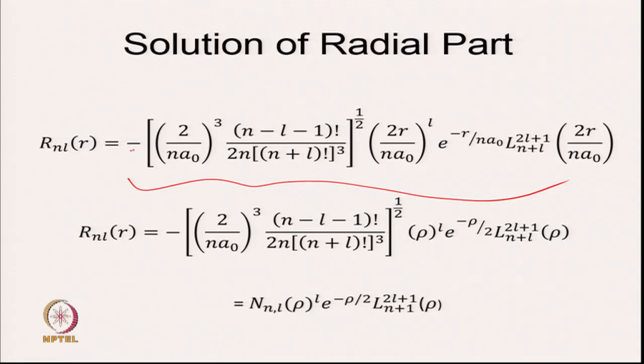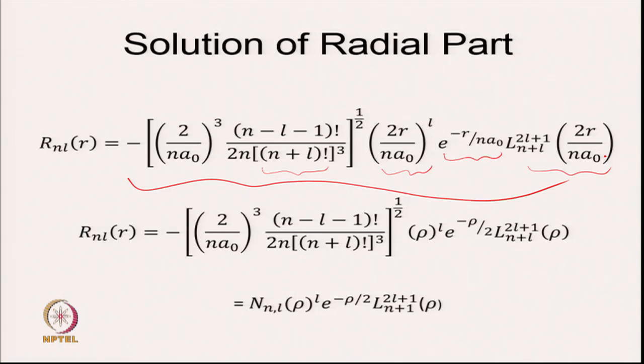It is simply minus the square root of (2 by n a naught) cubed, times (n minus L minus 1) factorial divided by 2n multiplied by (n plus L) factorial, and then you take the square root of the whole term. And then this is another function of r, and this is the exponential term, and then there is another function of r.